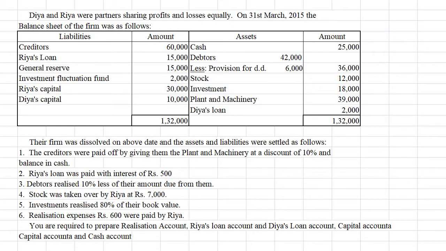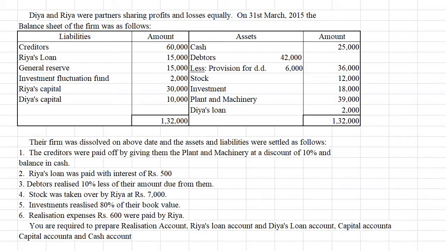The business has taken a loan from Ria and given a loan to Dia. So from one partner a loan is taken and to another partner a loan is given. These two situations are there, and we will discuss them in this problem.